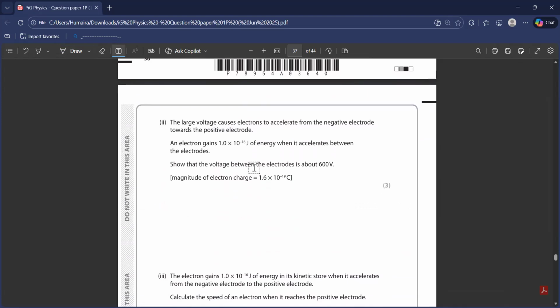Next, the large voltage causes electrons to accelerate from the negative electrode towards the positive electrode, and an electron gains this much energy when it accelerates, so that the voltage between the electrodes is about 600 volt. We are given the magnitude of the electron charge. Just now we wrote the formula V equals E by Q. So energy is 1.0 times 10 to the power minus 16 divided by charge, 1.6 times 10 to the power minus 19.